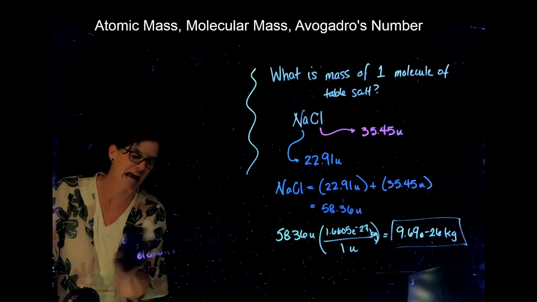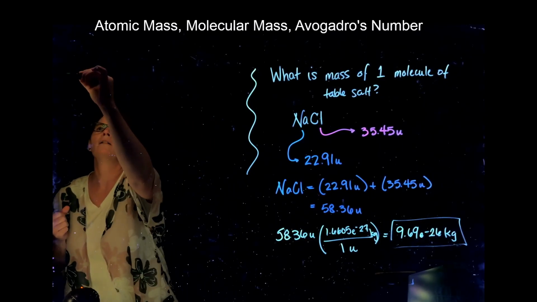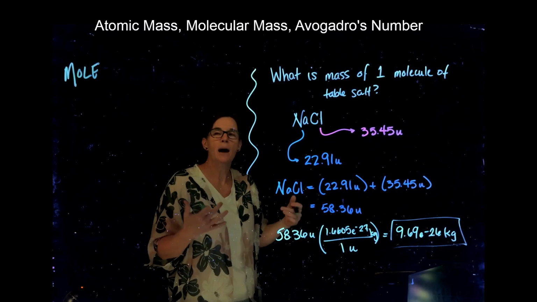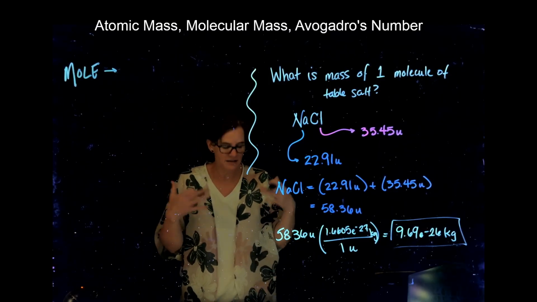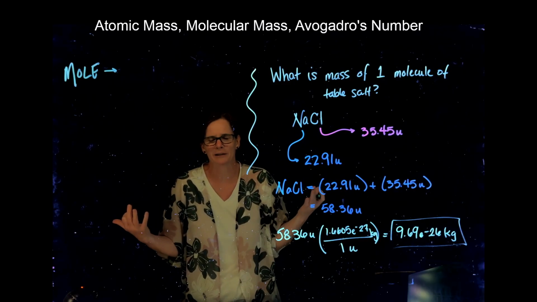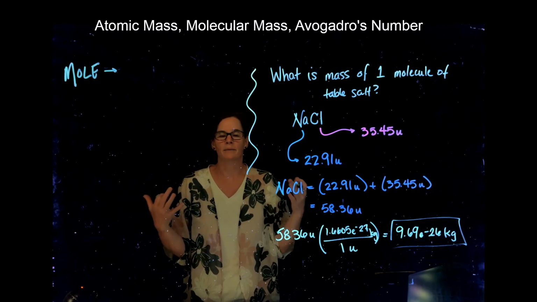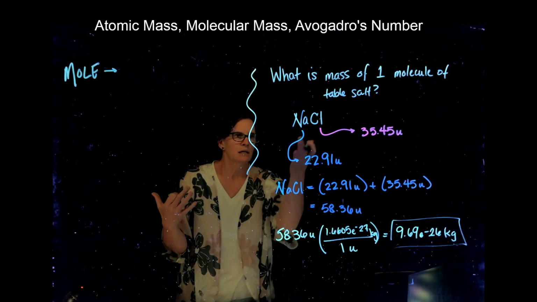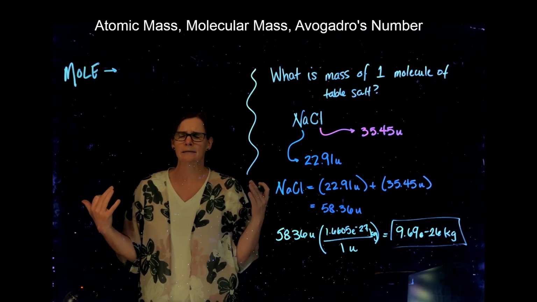And I'm going to guess you have also heard of this. This is what we call a mole. A mole is a way that we describe a number of objects. And in this case, it's usually things that we have a lot of: a number of elements, a number of atoms, a number of compounds, molecules, ions.